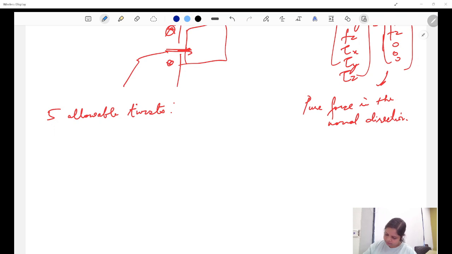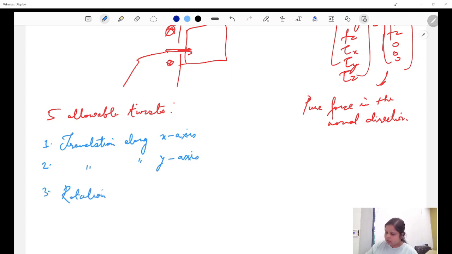These are translation along x-axis, translation along y-axis, okay, rotation about x-axis, y-axis, z-axis, right?